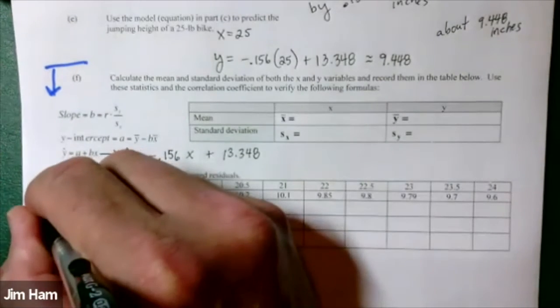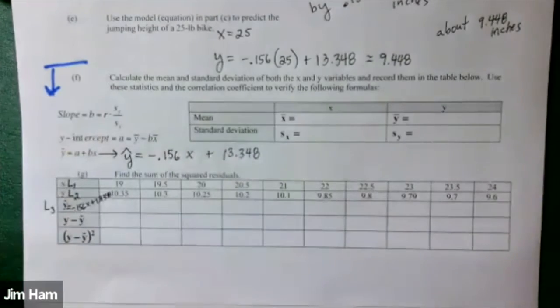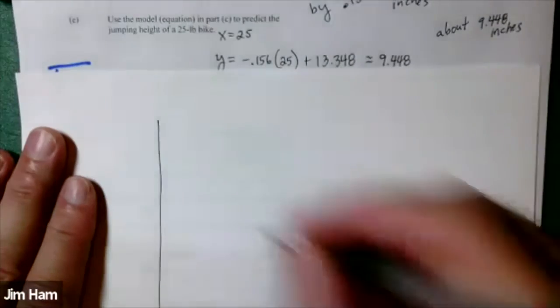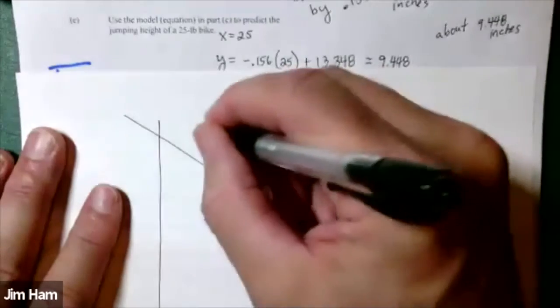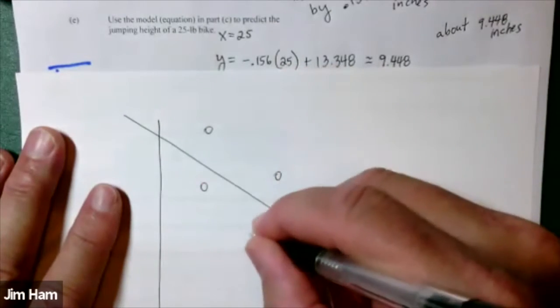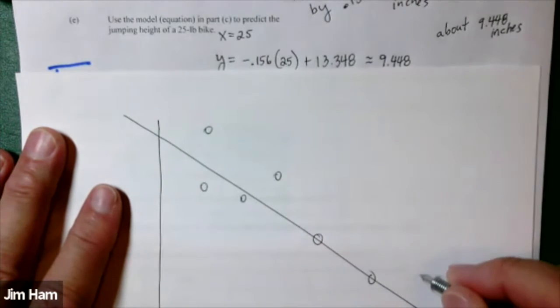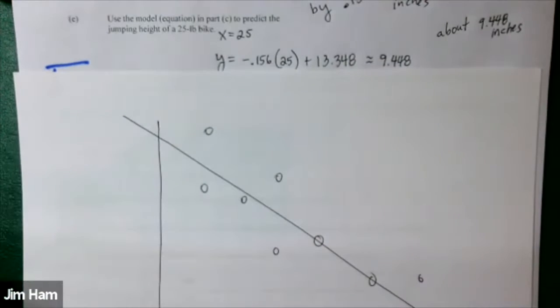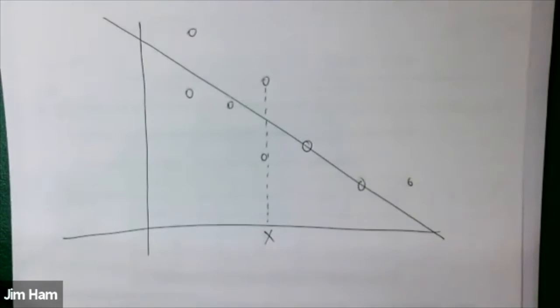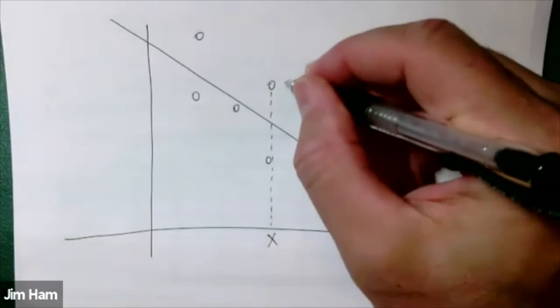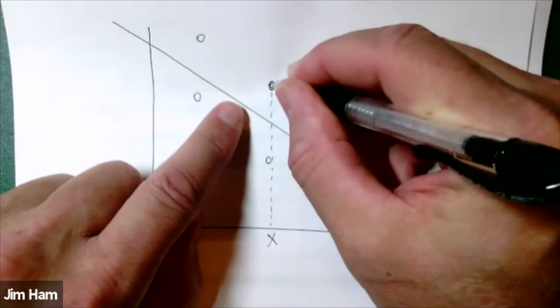Now we're going to put these values in L3. Generally, this is what we're after. We have this line coming in here, and we have these points that some of them fall right on the line, some of them fall off a little bit, but we have this line of best fit. So here's our X value. And this point right here is one of our actual data values.